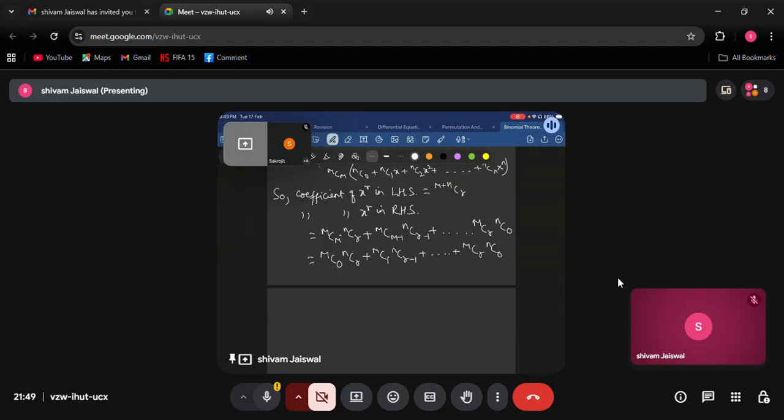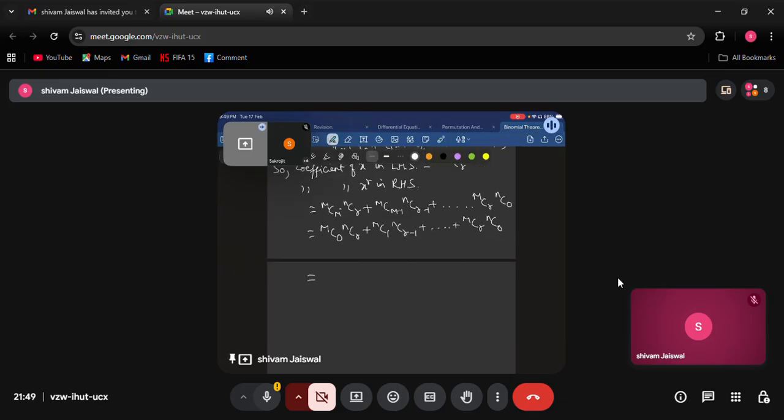You need to make the sum of all the suffixes equal to r. This is nothing but the summation of k equal to 0 to r of mCk into nC(r-k).